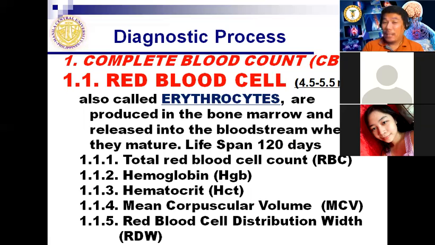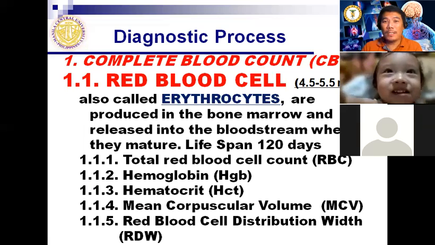Total red blood cell count, which is the RBC, hemoglobin, hematocrit, mean corpuscular volume, and the red blood cell distribution width. So the total red blood cell count, or the RBC, will be monitored accordingly as the general component of the RBC.